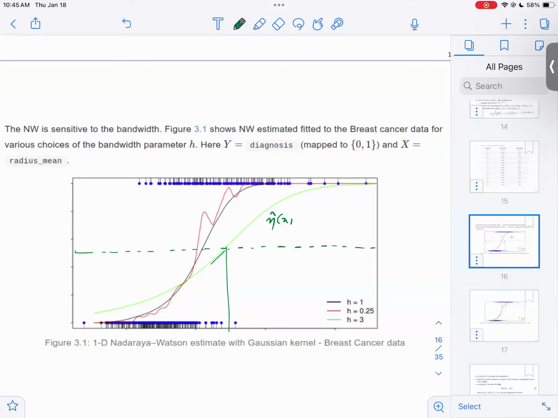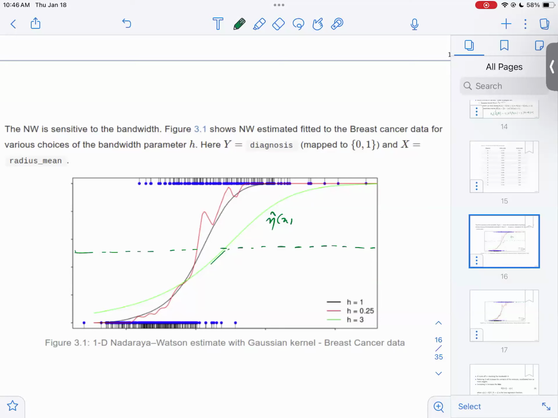These are all classified as positive. So there's a cutoff, which results basically in a threshold. You threshold the x's: anything below is classified as 0, anything above is 1. And you can see the difference from the difference of bandwidth.